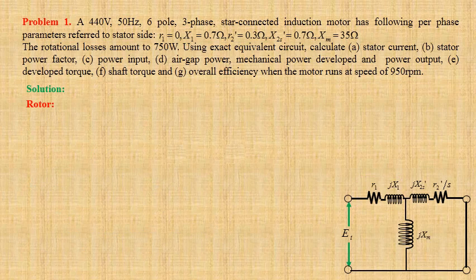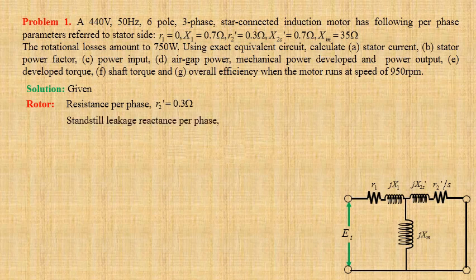For rotor winding, given resistance per phase referred to the stator R2 dash equals 0.3 ohm and standstill leakage reactance per phase X2S dash equals 0.7 ohm.